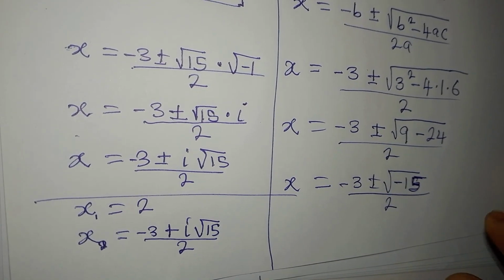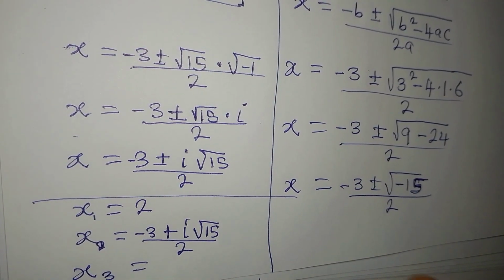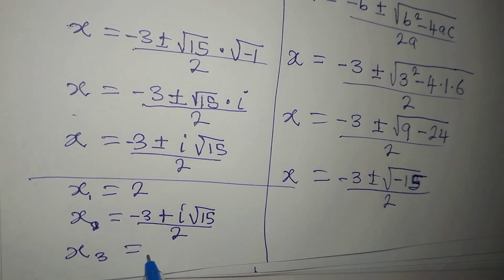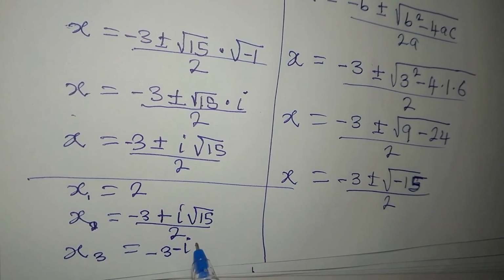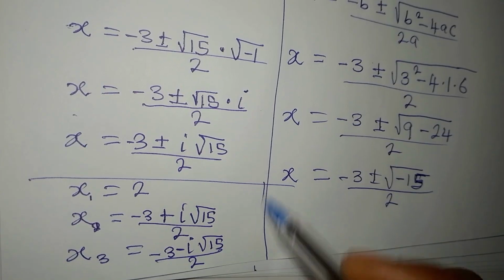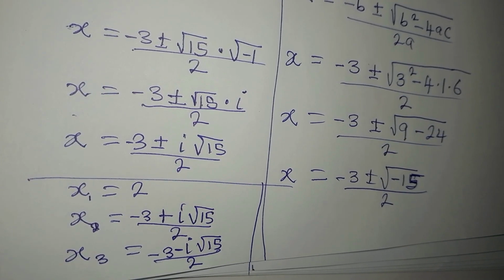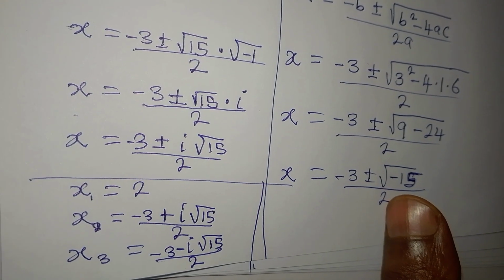Then our x3 is still from here, and it shall be minus 3 minus i root 15, everything divided by 2. So we have the three solutions. The first is real, and the other two are complex solutions.